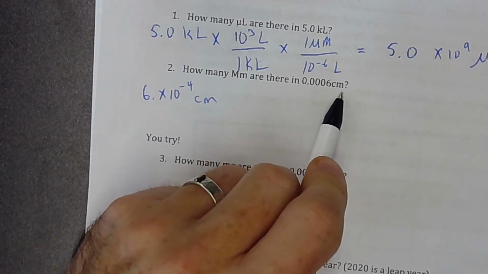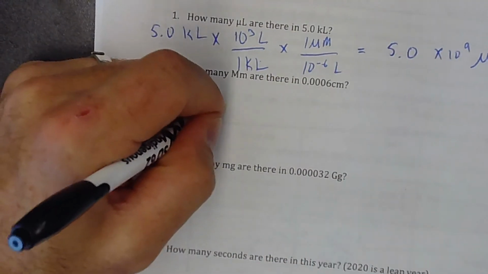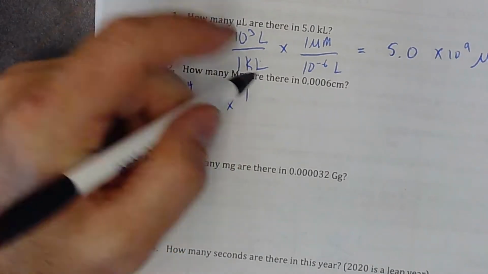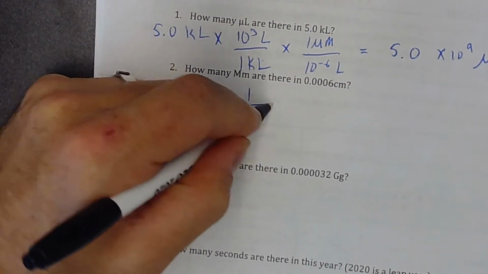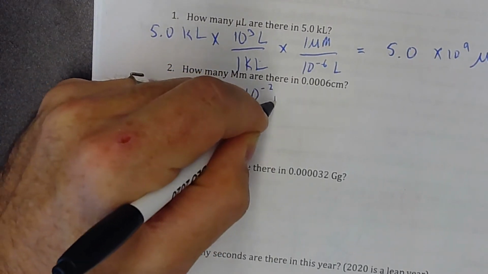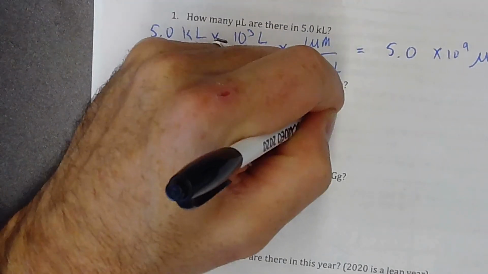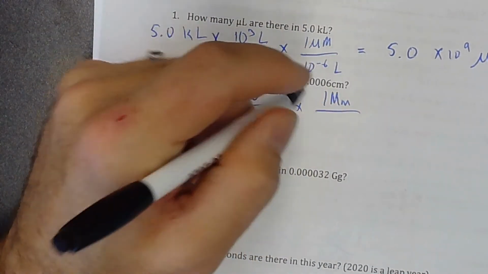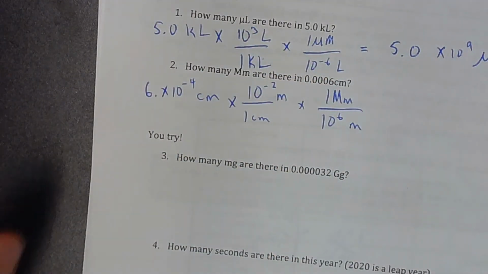I want to go centimeters to meters, meters to megameters. Centimeters to meters is 10 to the negative 2, so 1 centimeter is 10 to the minus 2 meters. And now to megameters: 1 megameter on top, that's what I want, is 10 to the 6 meters. All right, put it in my calculator.